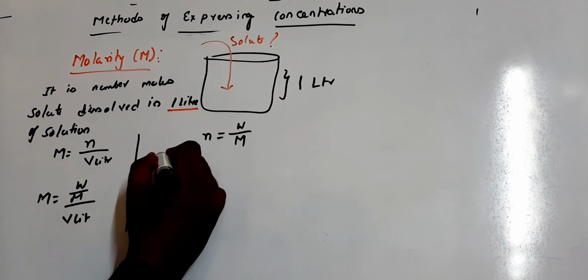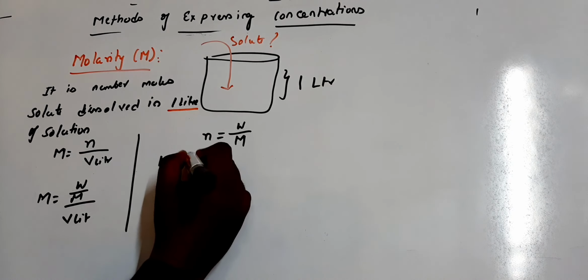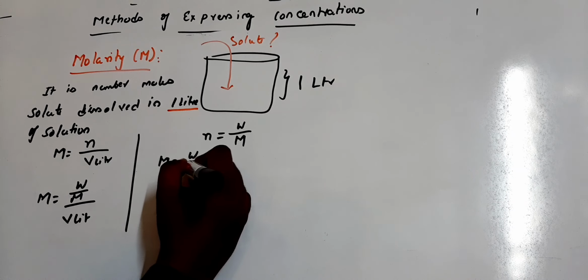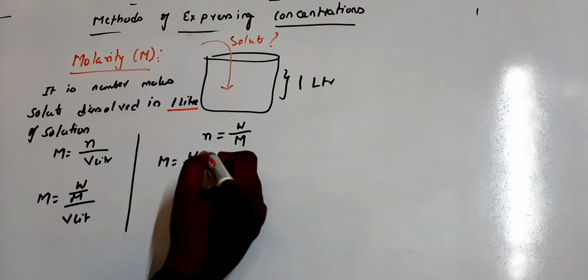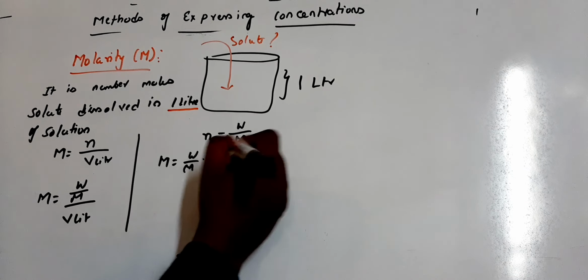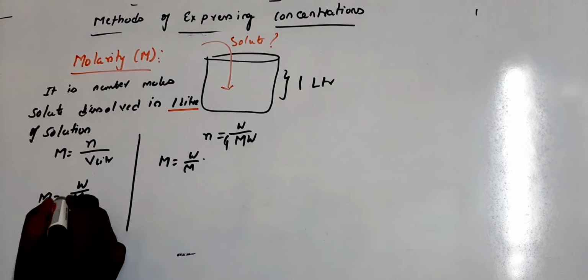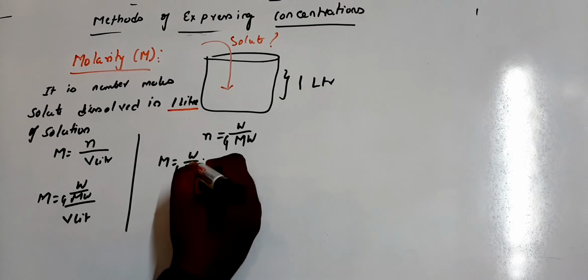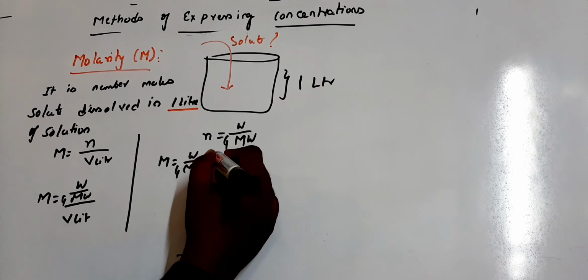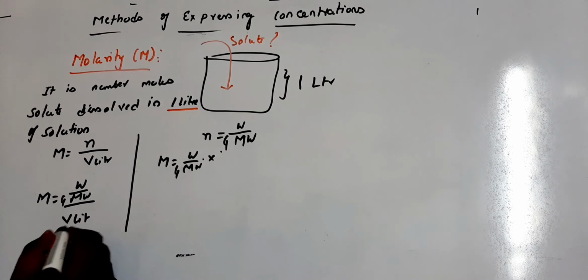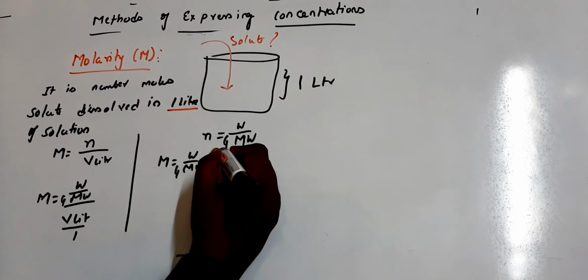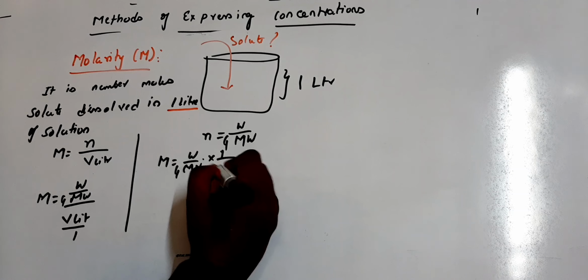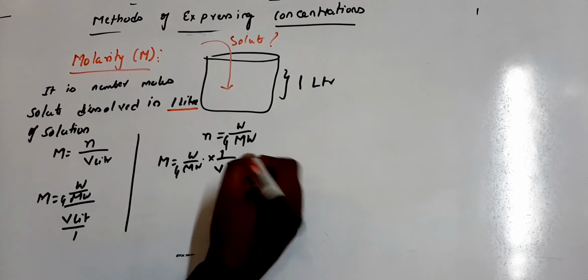That is, M is equal to W by GMW into 1 by V in liters.